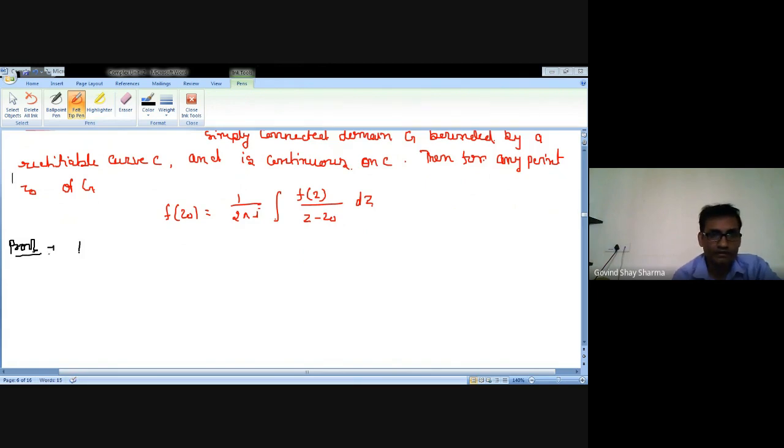Let g(z) equal f(z) upon z minus z0. We assume that this is the function which is required to integrate, g(z).